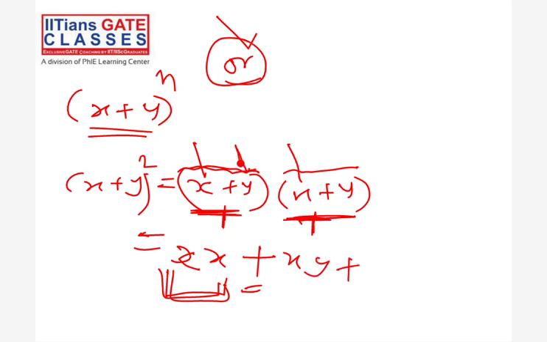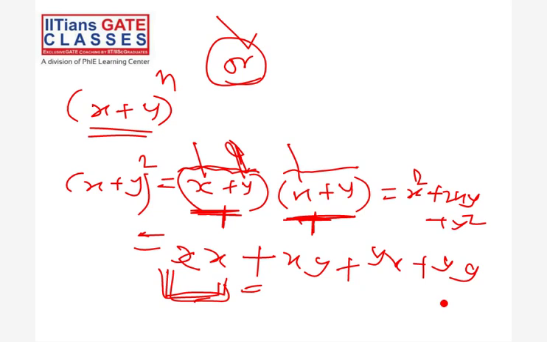Or we can pick y from here and x from here. Or we can pick y from here and y from here. So you already know this formula, x squared plus 2xy plus y squared, and this is how we get it.